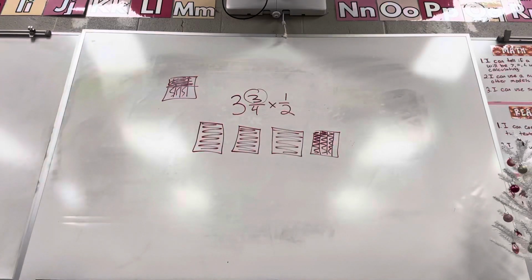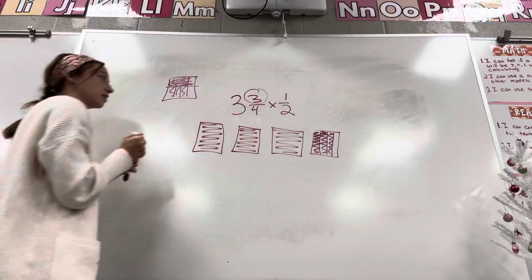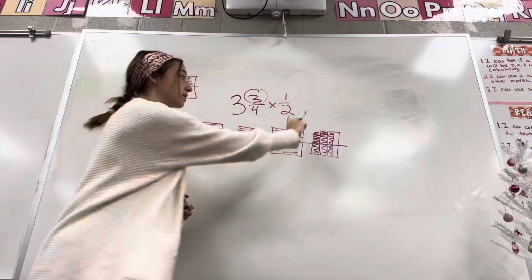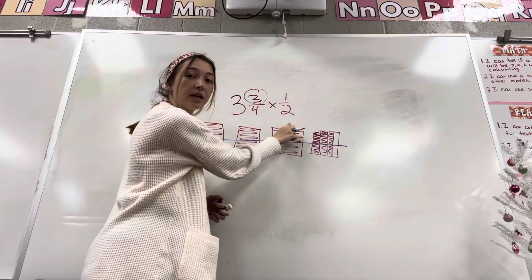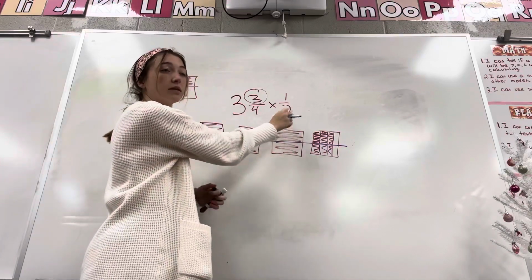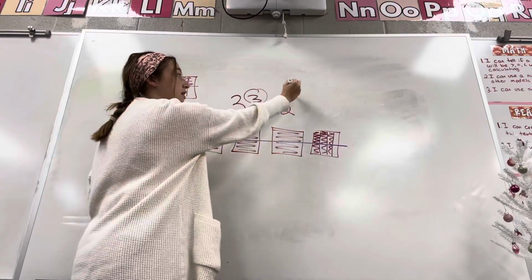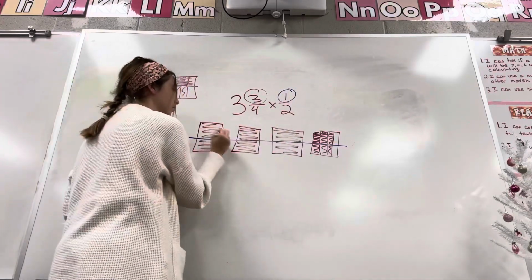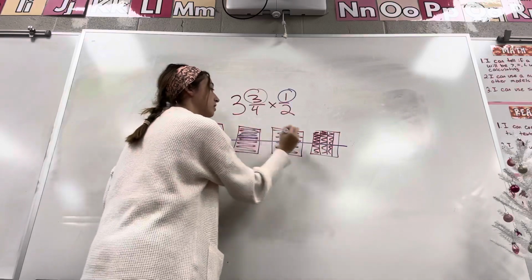So with a different marker so you can see, I need to divide it into 2 pieces, because this tells me how many pieces I'm dividing by. This tells me how much I have. So I need half of those pieces.